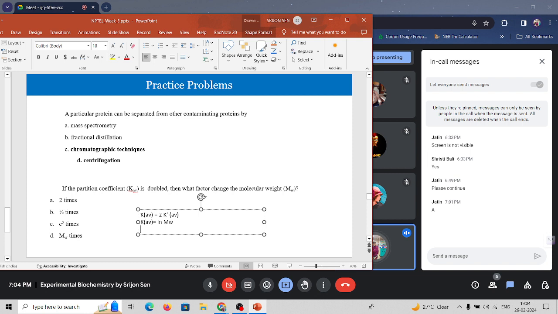K average becomes 2 ln MW, or if we take it inside, it is ln.